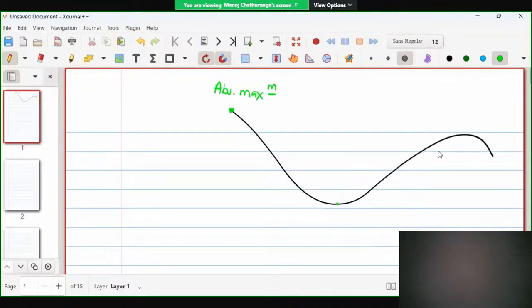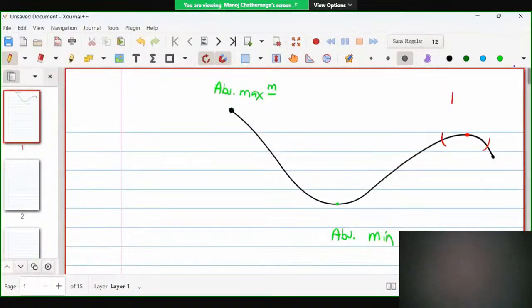This is the absolute minimum. By the way, I'm also including these endpoints too. Then right over here, I have a local maximum. If you think about a small region on the graph, this is a maximum.